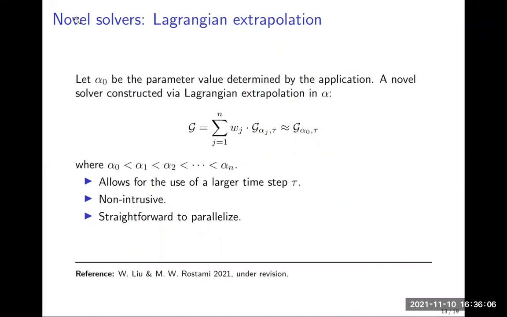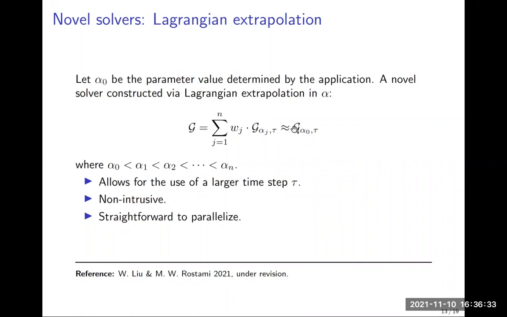We are going to consider a family of them. As you can see here, the G sub alpha j are different from alpha 0. And we're going to take a linear combination of them using the weights from the Lagrangian polynomial. So these W j's are whatever you get from the Lagrangian polynomial interpolation.